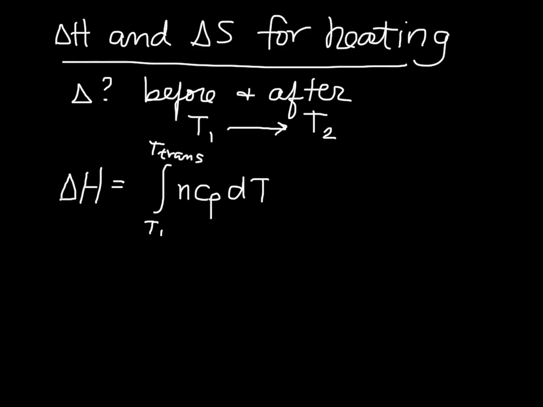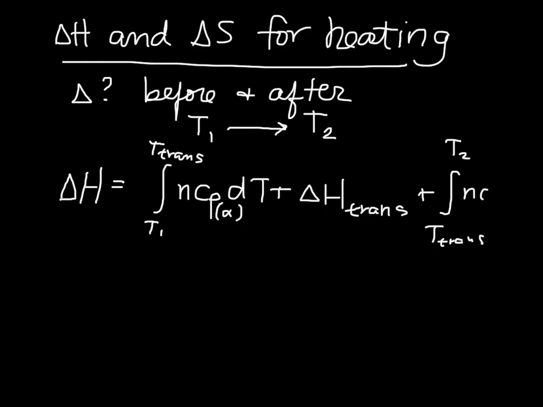This would be the Cp of the low temperature phase, and I'll put an alpha here to indicate that. And then we'd have to add on the delta H of the transformation. So this could be a solid-solid transformation or a melting transformation. And then the integral from the transformation temperature to T2 of nCp of the second phase dT. So this is how we would find the enthalpy change just associated with heating.